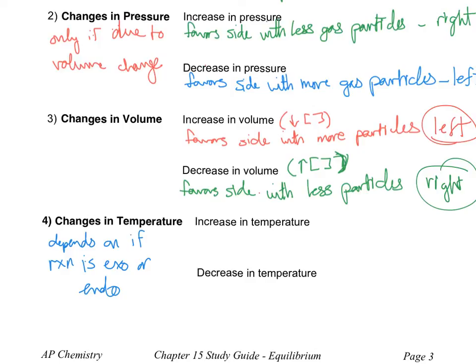And you treat the temperature, if you increase it or decrease it, as if you're adding or removing heat. So if you increase the temperature, that's as if you are adding heat. If you decrease the temperature, that's as if you are removing heat.